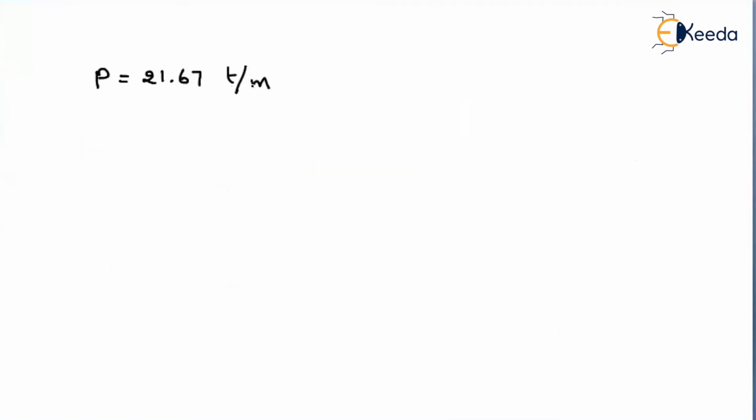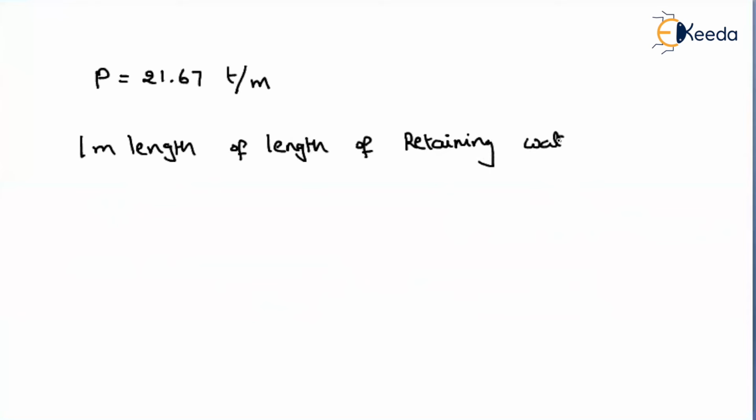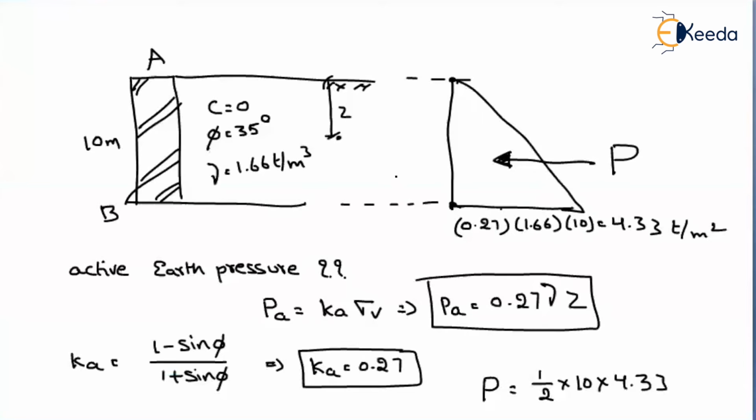What does this per meter represent? That means if you are taking 1 meter length of retaining wall, the pressure acting on the wall will be equal to 21.67 tons.